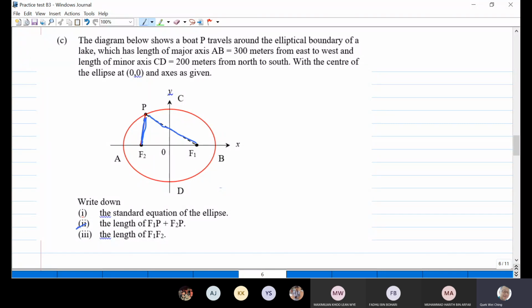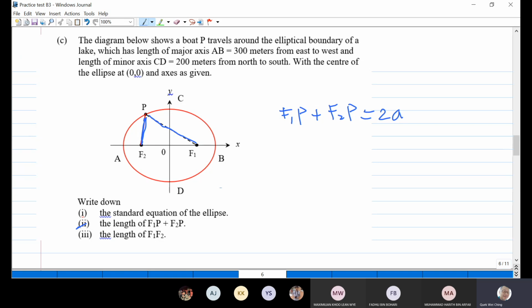Standard. F1P plus F2P added together is always equal to 2a. For an ellipse question, F1P plus F2P is equal to 2a.